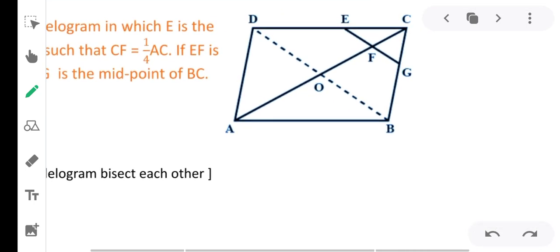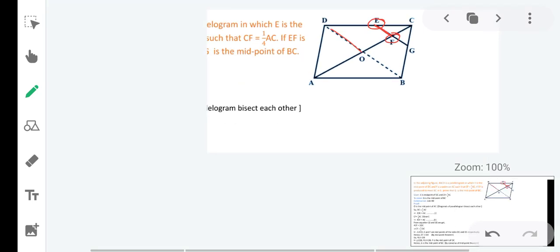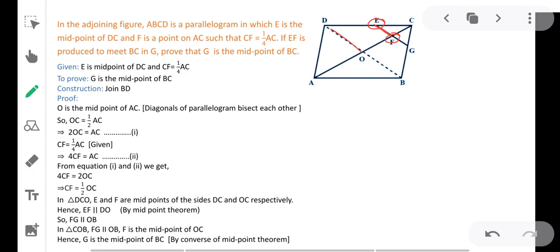Okay, so E is the midpoint of DC, that is given in the question, and we have proved that F is the midpoint of OC. Clear? Now this line segment EF will be parallel to DO by midpoint theorem.